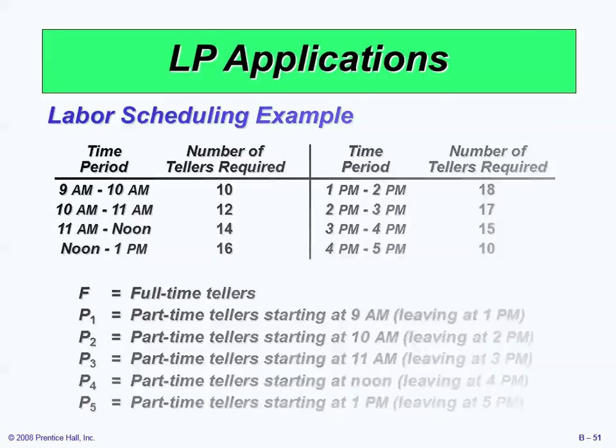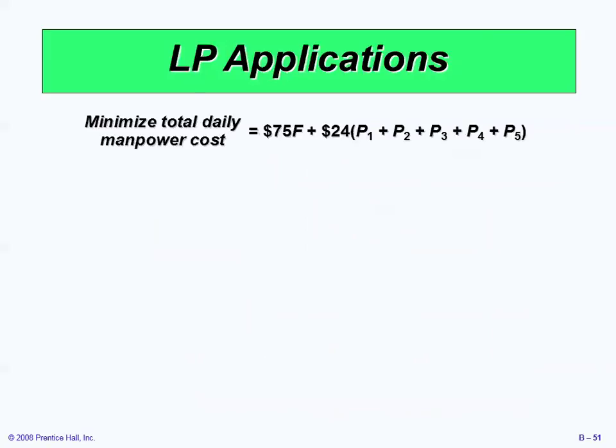The costs are given in the next slide: $70 for full-time employees and $24 for part-time employees. Anyhow, that's given to us. We can change that. So the total cost is 75 F plus 24 times P1 plus P2 plus P3 plus P4 plus P5, depending on how many we actually hire in different time periods.